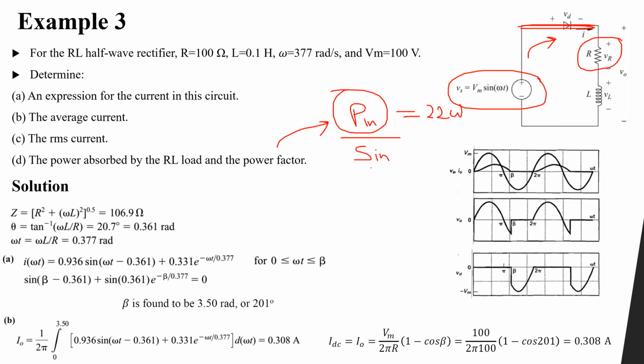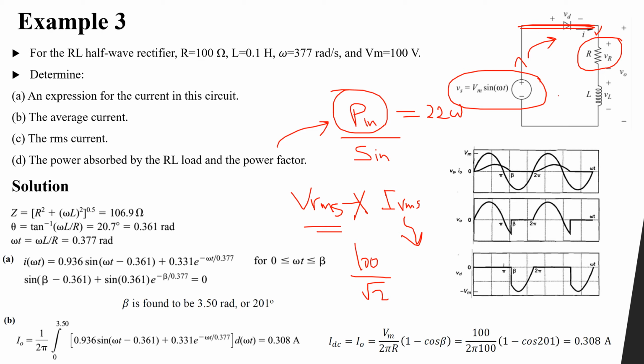For the apparent power of the supply, it will be VRMS multiplied by IRMS. VRMS of the supply is 100 divided by root 2, since this is Vmax. And IRMS will be similar to the output RMS current, since the current from the supply is the same as the current going to the load in this circuit.